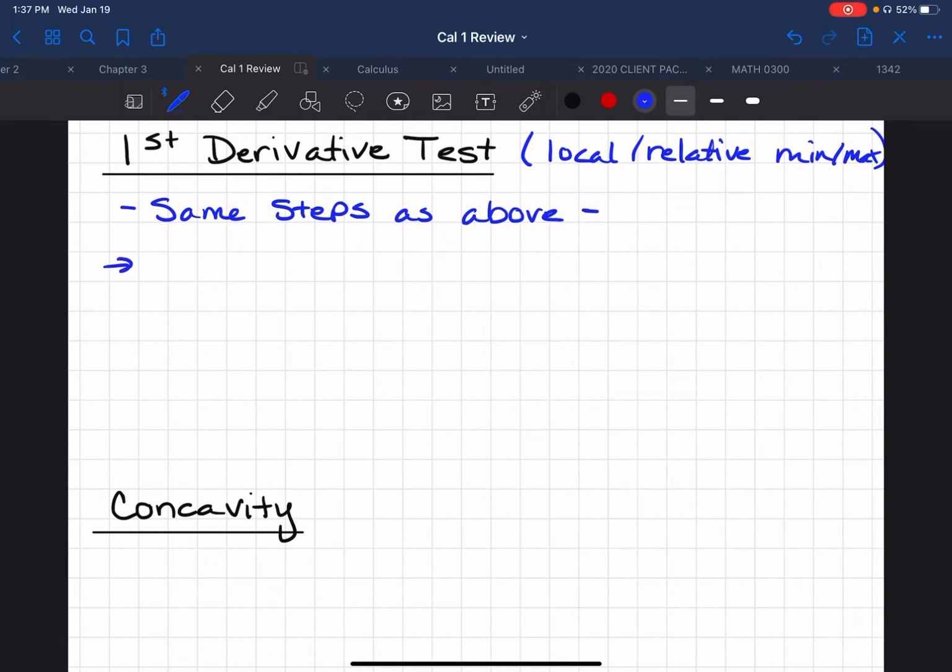So if the derivative changes from negative to positive, which would look like this, that means you have a relative minimum.